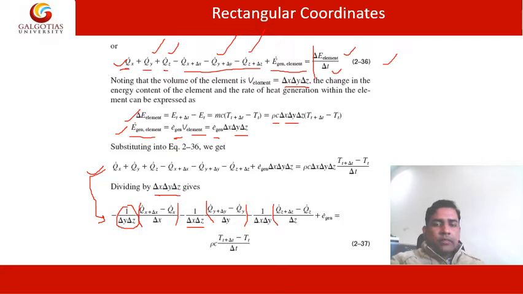Similarly, the same thing can be done along the z-axis. And that is equal to e gen. Again, you can see that the delta x delta y delta z term is not here, because after dividing by delta x delta y delta z, this term has become unity. So that is equal to again rho c, because we have divided by delta x delta y delta z, so this term as we can see has come over here. Okay, so the delta x delta y delta z term is eliminated from here and from here.